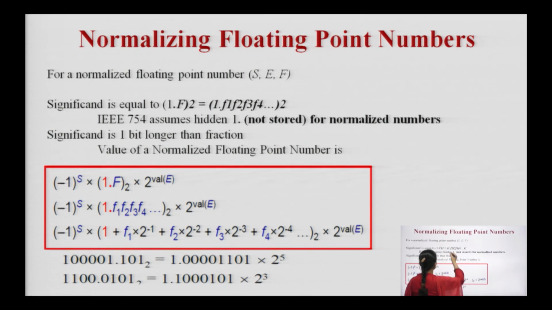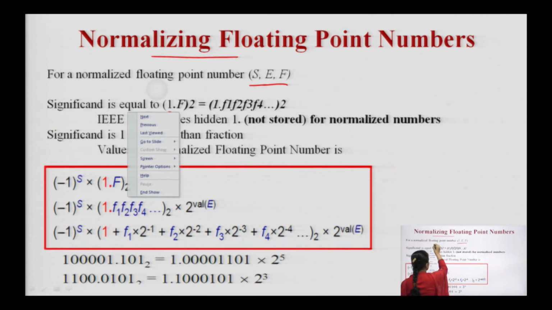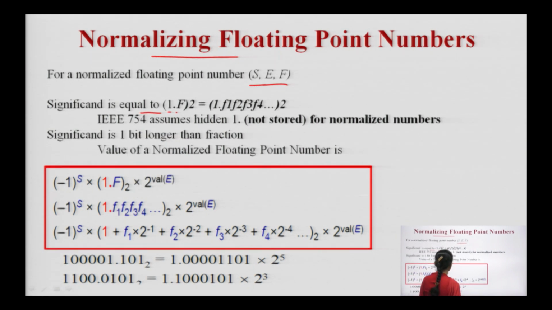Then how do we do this normalization in floating point numbers? For a normalized floating point number, the triplet is represented as S, E and F. The significand is equal to 1 point fraction base 2, that is, 1 point the fractional part in the form of F1, F2, F3, F4 and so on.